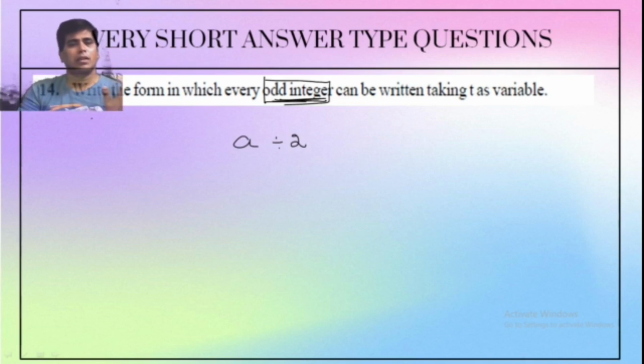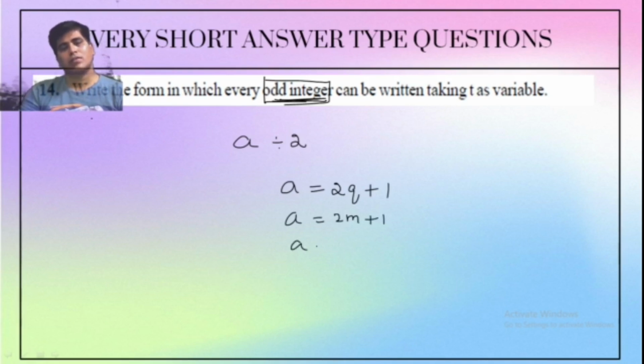So a is the number I have taken when dividing by 2. If a is an odd number, then a can be written as 2 into some quotient plus remainder 1. A is equal to 2q plus 1, which is 2m plus 1. I can change the variable, so a is equal to 2t plus 1.